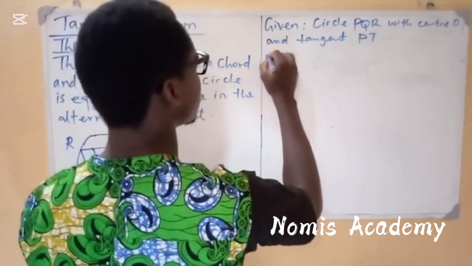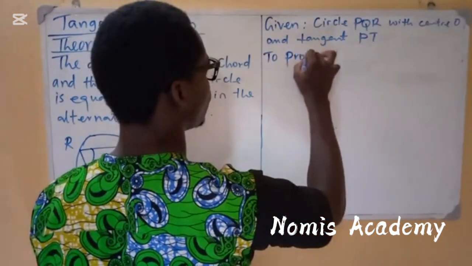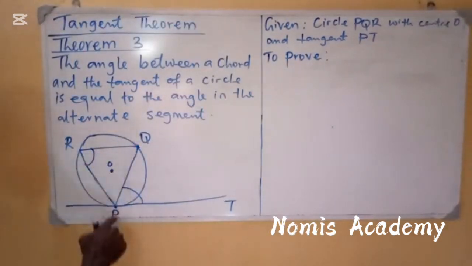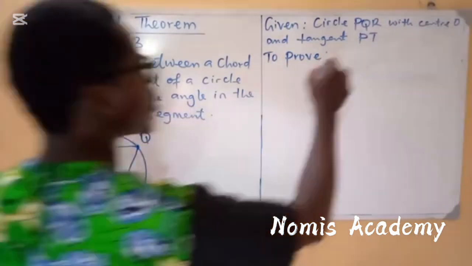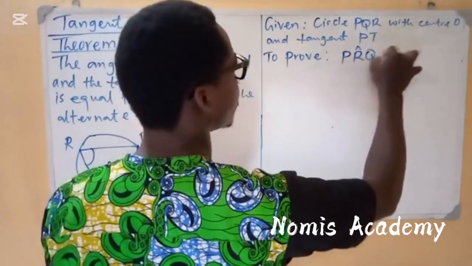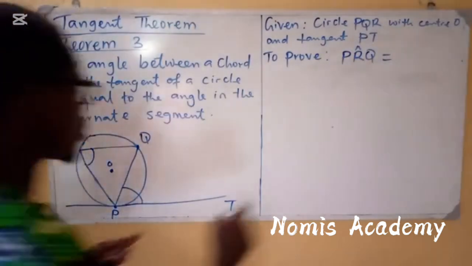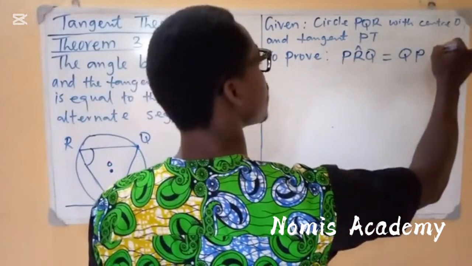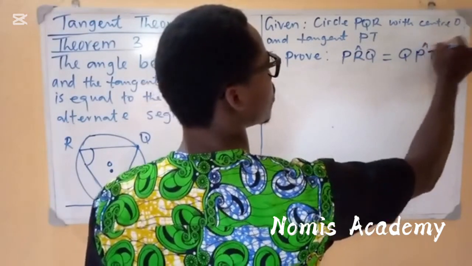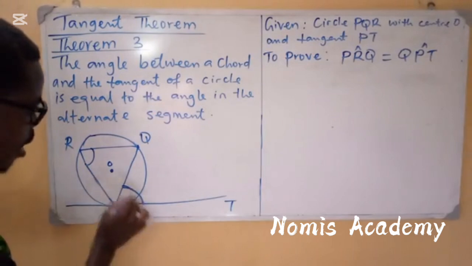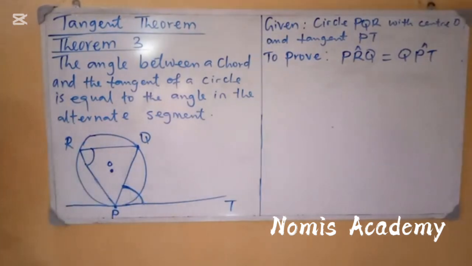We are to prove that, we are going to show that PRQ, that is the angle at R, is equal to QPT, this particular angle. So we are going to be showing that these two angles are equal.